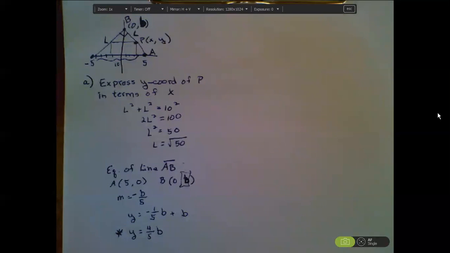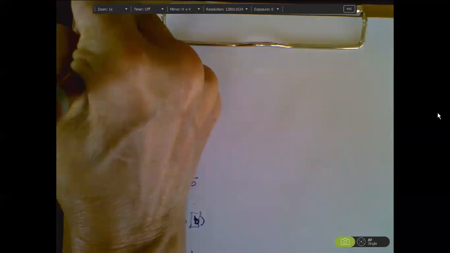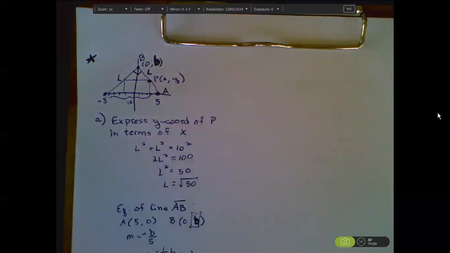I tell you what, I think we could spend the rest of our time on this one and not answer any other questions. So what I'm gonna do is put a big star by this for myself, and pretty quickly after my pre-calculus Zoom is over, I will email you the solution to this one with words so that you can understand what I've done in every step.